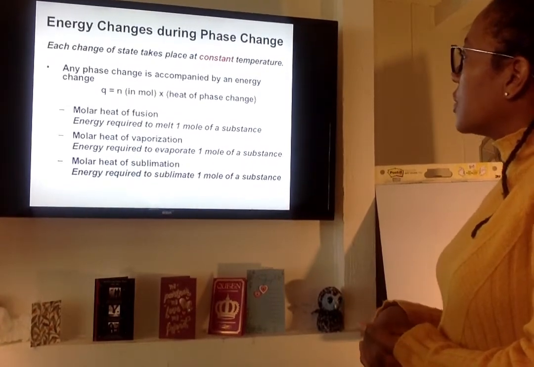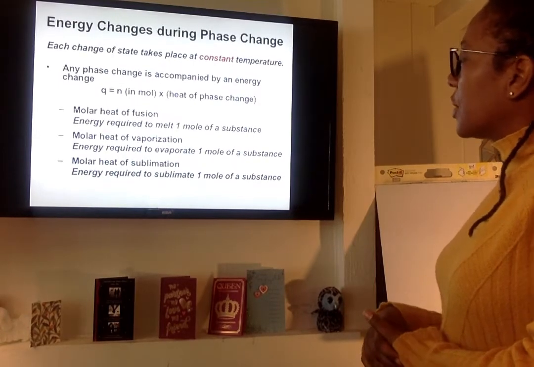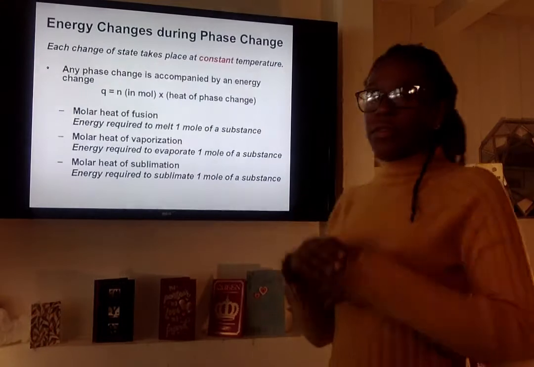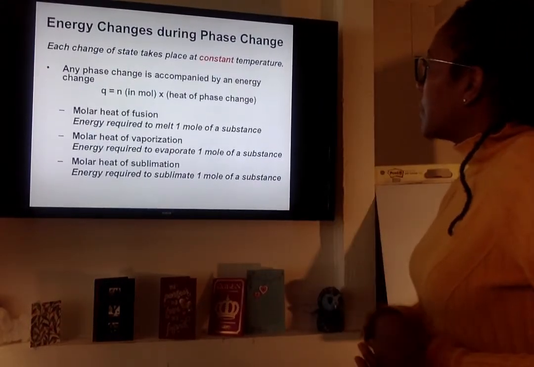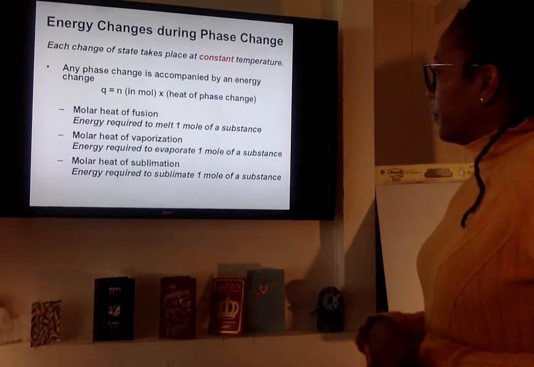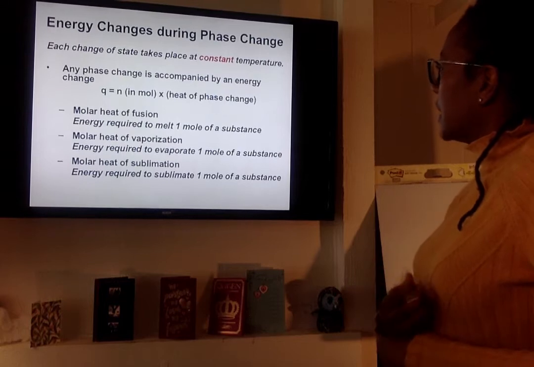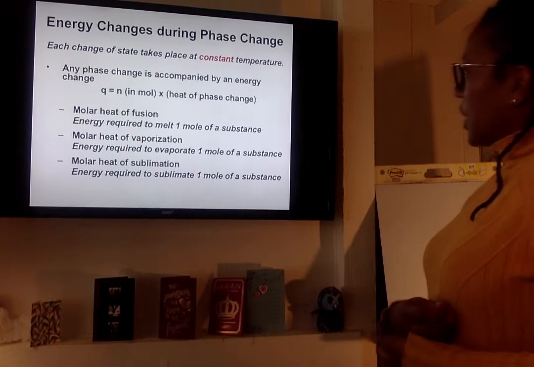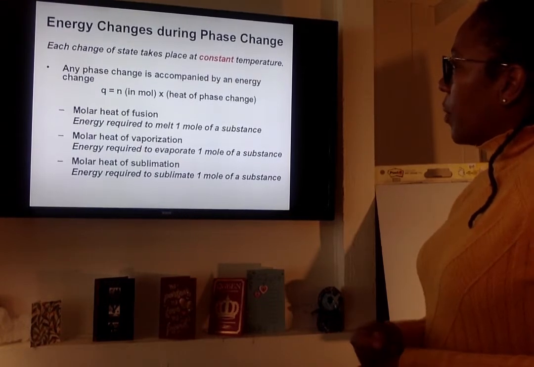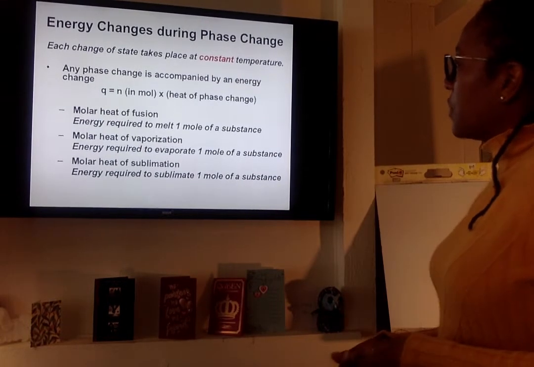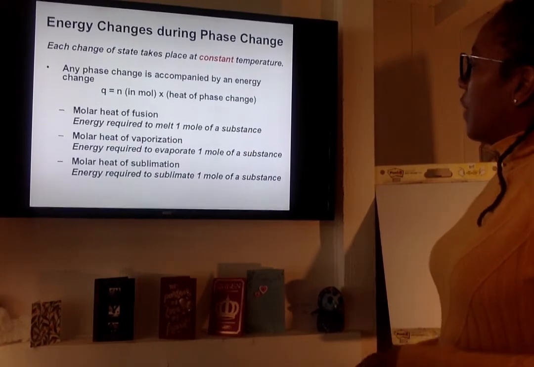Any phase change is accompanied by an energy change. So if there's a change in state, there's going to be a change in energy. That is Q equals n, in moles, times the heat of the phase change, for example the molar heat of fusion, the energy required to melt 1 mole of a substance.